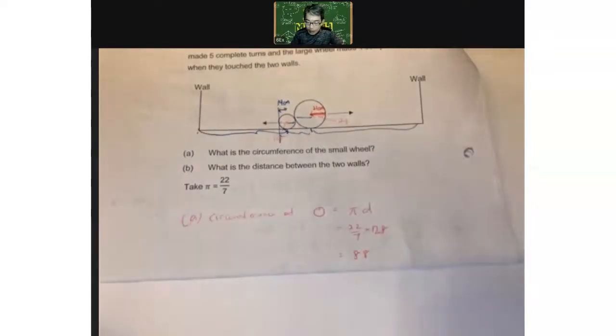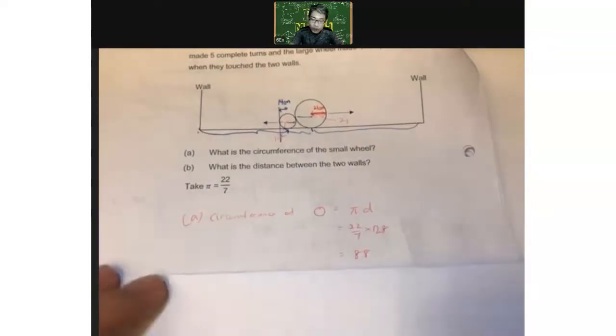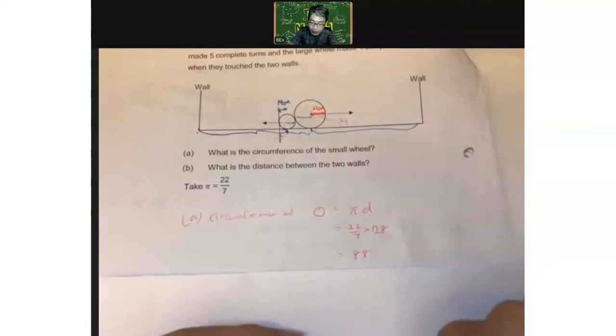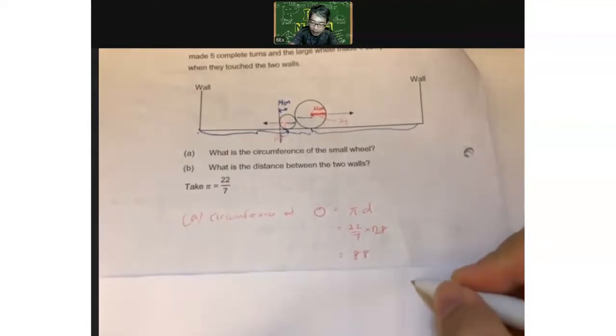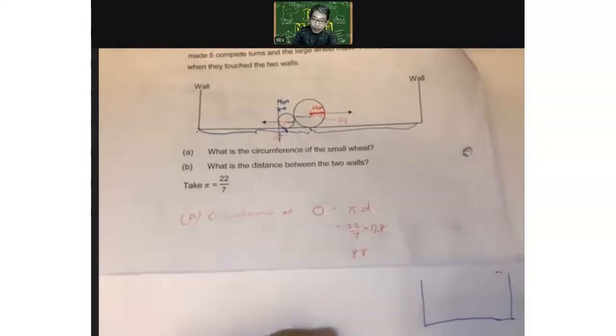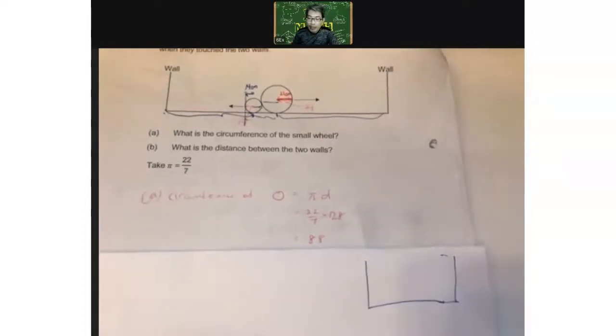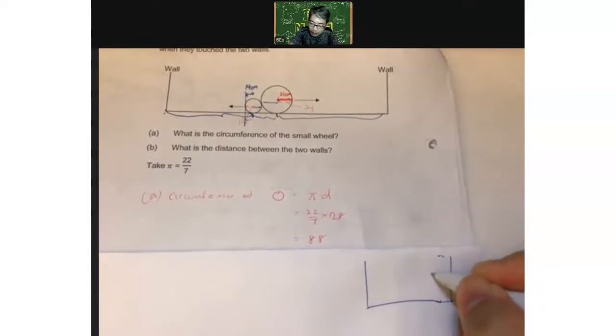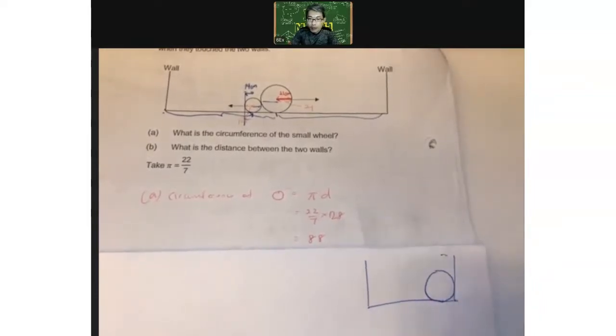Now, first understand this concept I'm going to show you. Let me give you one example. Let's say that these are the 2 walls. I'm giving a separate example. And I have a wheel here. And this wheel, if you make 1 complete turn, it will go to the other side.